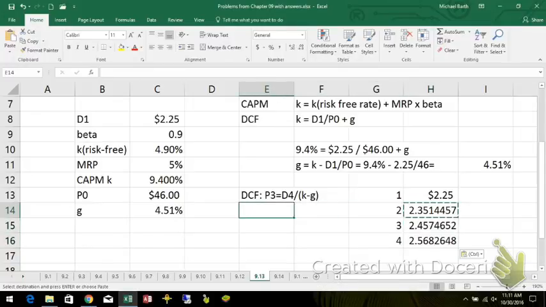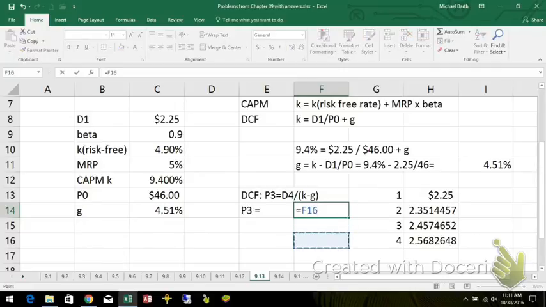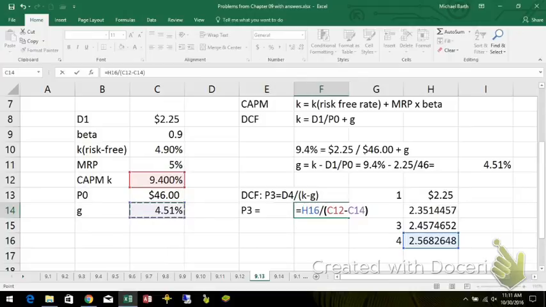And to solve for my answer, P3 would be equal to D4 divided by K minus G. And I'd get around 52.51 as my price.